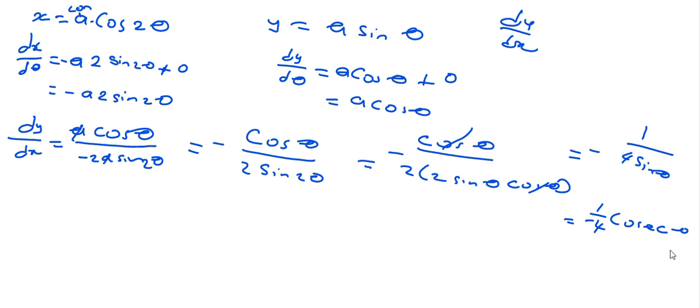So don't make a mistake, guys. This is going to be negative 1 over 4 cosec theta. So if we have negative 1, remember, on our second derivative, we're going to need this.